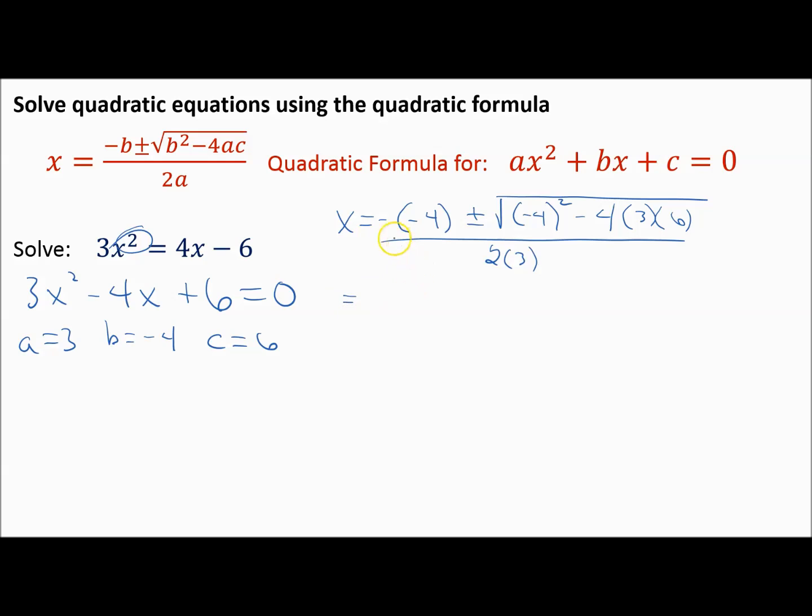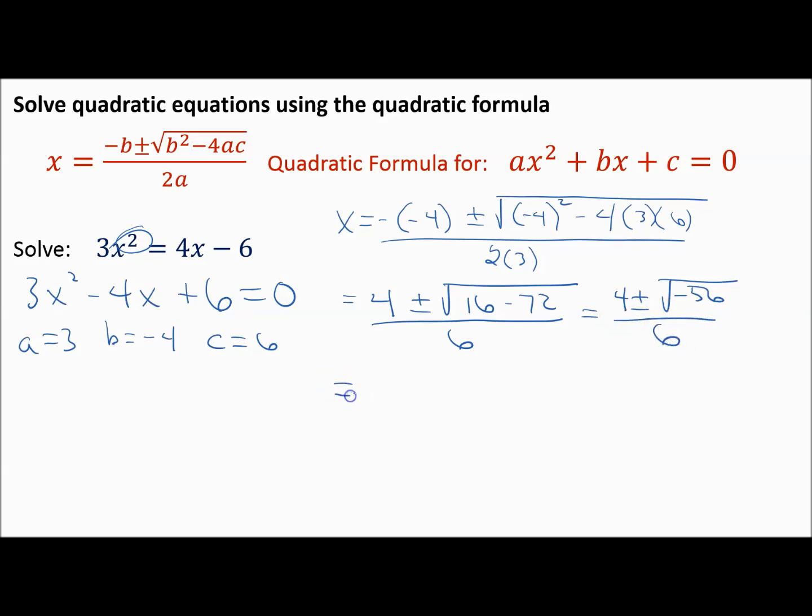I continue simplifying. The negative of negative 4 is positive 4 plus or minus the square root of 16. 4 times 3 is 12 times 6 is 72 over 6. That's 4 plus or minus the square root of 16, subtract 72, is negative 56, all divided by 6.